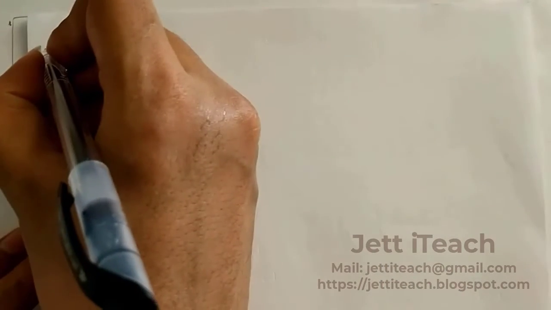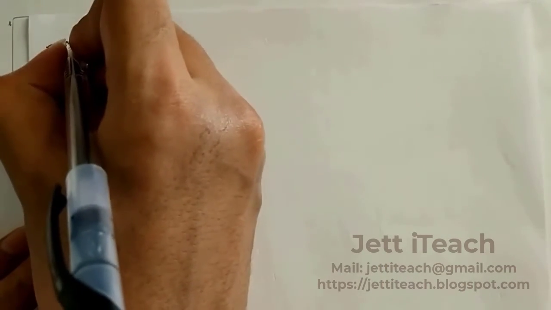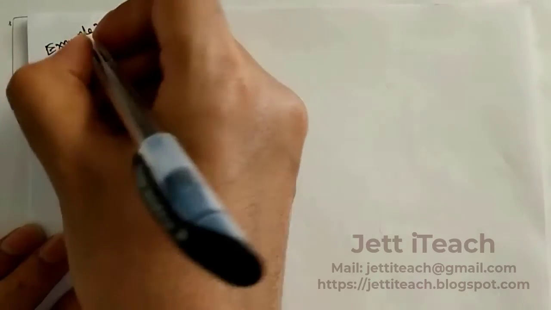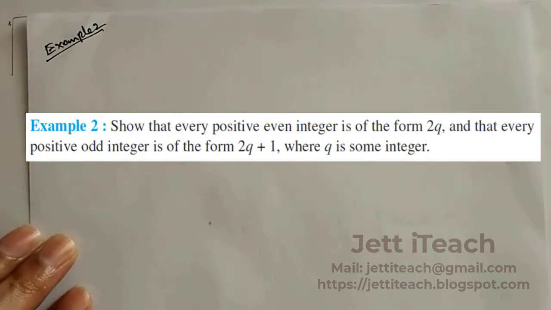Okay, you can look at example 2. Show that every positive even integer is of the form 2q and that every positive odd integer is of the form 2q plus 1, where q is some integer.